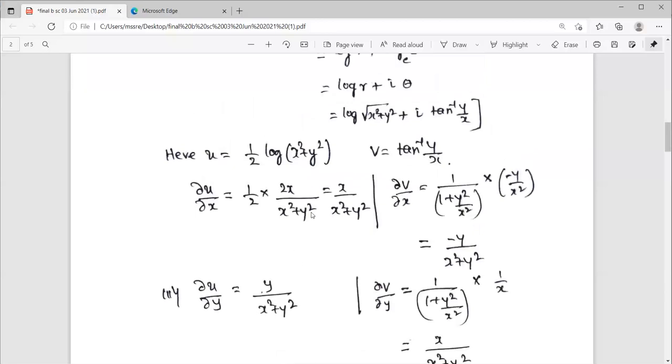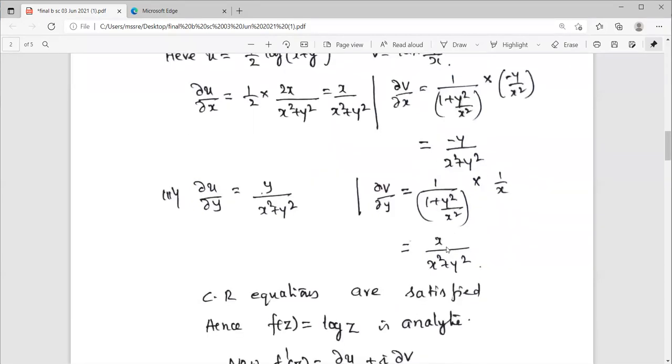What do you say about the CR equations? Delta u by delta x is x by x square plus y square, and delta v by delta y is also x by x square plus y square. So these two are equal. Similarly, delta u by delta y is y by x square plus y square, and delta v by delta x is minus y by x square plus y square. In other words, the second CR equation, delta u by delta y equals minus delta v by delta x, is also satisfied.